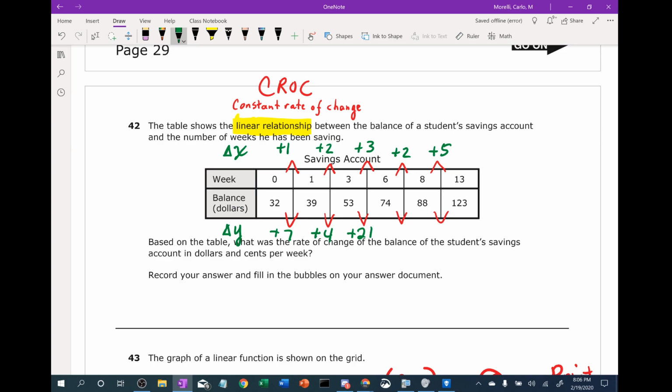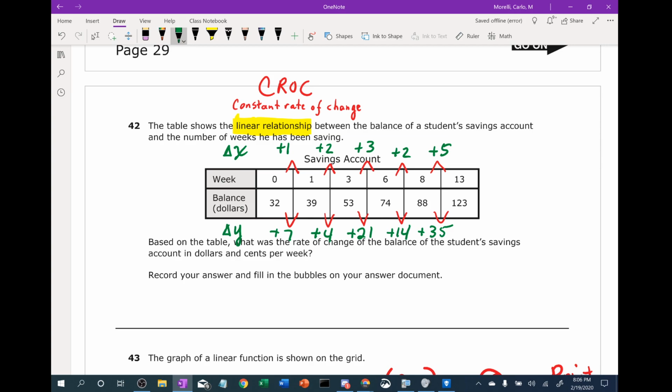And then from 74 to 88, 74, 84, that's plus 14. And then from 88 to 123, what is that? 88, 98, 108, 118. So 35.